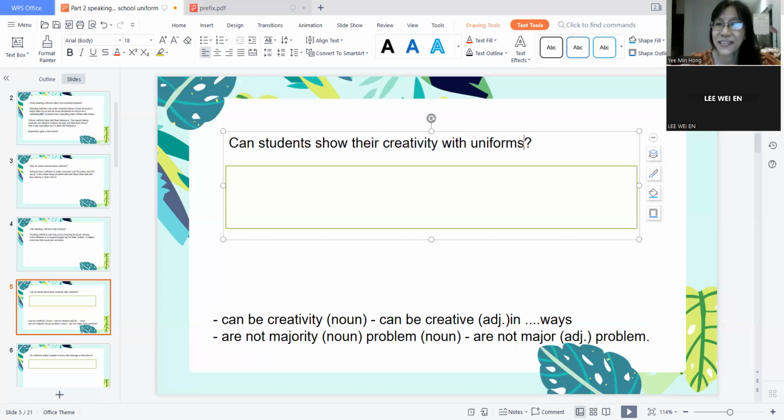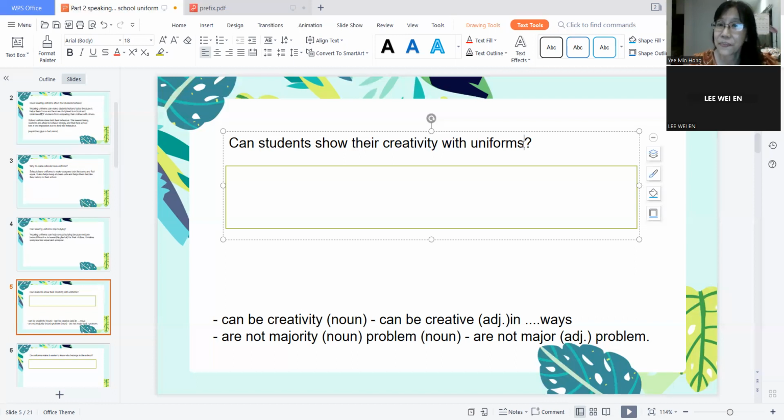Maybe some students have jobs, like they are librarians, so they wear ties, which is different from others. And some students have different jobs, like, how to say, prefect. Yes, prefect.